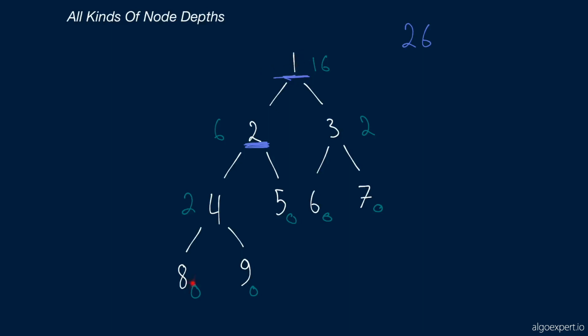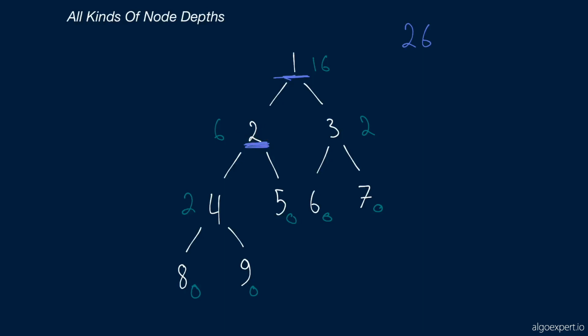And then if you look at the final nodes here, the leaf nodes, 8 and 9, it's the same thing. 8 and 9 have a depth of 2 relative to the node with value 2, but they've got a depth of 3 relative to the root node with value 1. So basically, every single node in this subtree here, the left subtree of 1, has a depth relative to this 1 that's 1 greater than their depth relative to this 2.